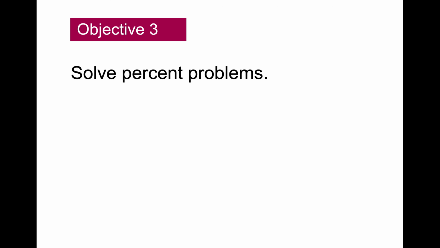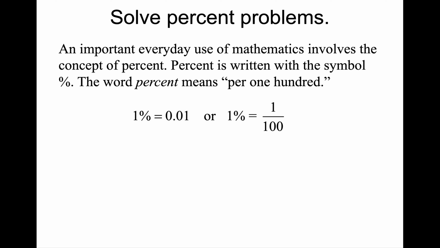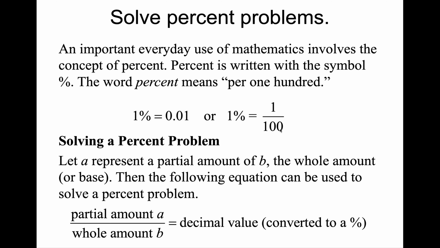If I want to solve percent problems, it's important to remember how we convert percents to decimals. Percent to decimal means I'm moving the decimal place 2 places to the left. Or if I wanted to write it as a fraction, I have 1 in the hundredths place, so it's 1 over 100.